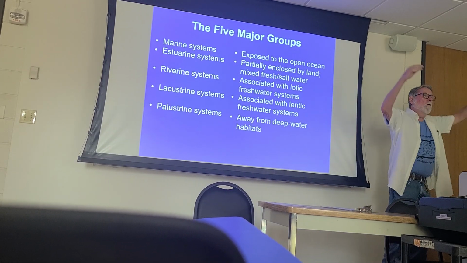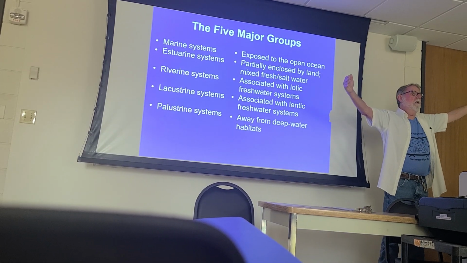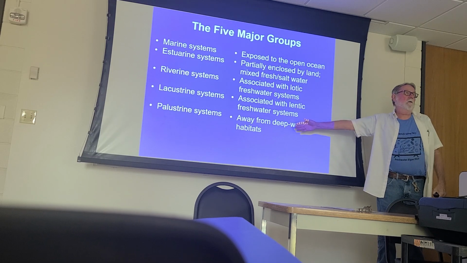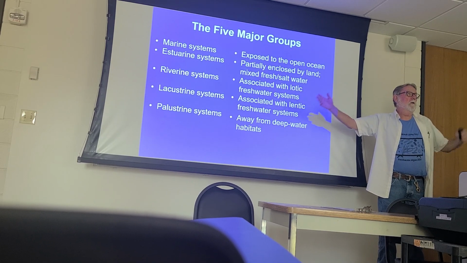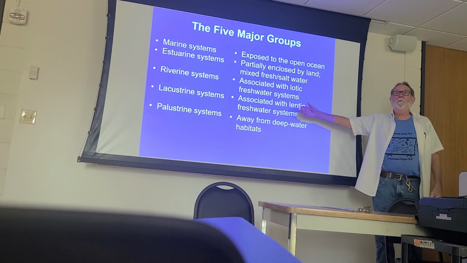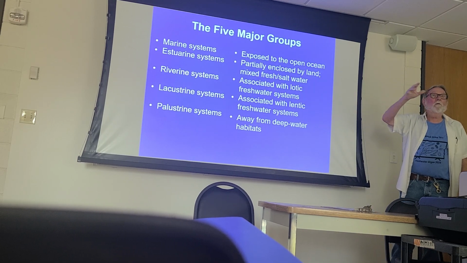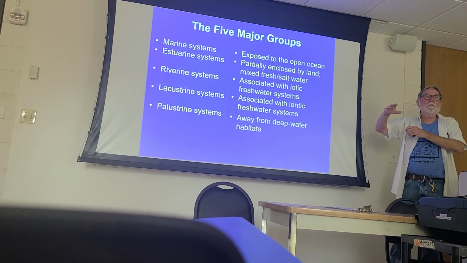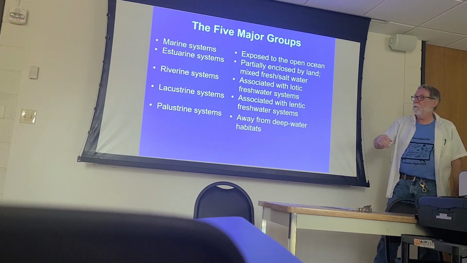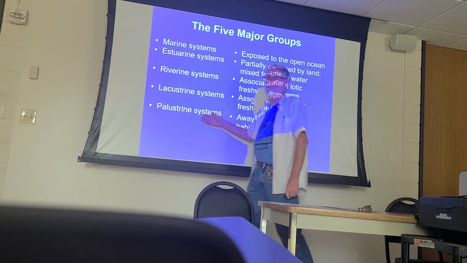Having said that, most of the wetlands we see in our lives are considered palustrine. It's only the big floodplain ones that are considered riverine. And even then, if you go into a riverine system, certain wetlands are considered riverine wetlands and palustrine. Palustrine is the big one in this region.